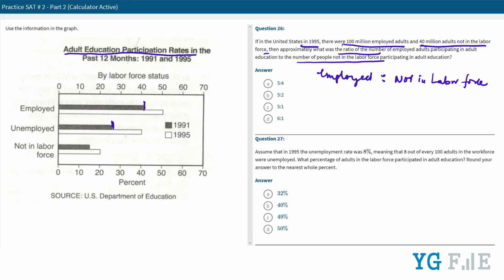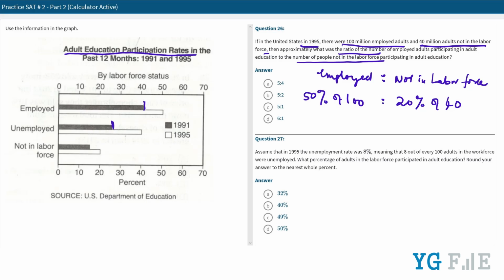So how do we find out? Because we have 100 million here and we see that in 95 only 50% participate in adult education, we can say that 50% of 100 million is the employed, and similarly in 95 we have 20% of not in labor force. So we say 20% of 40 million, because 40 million is the not in labor force population.